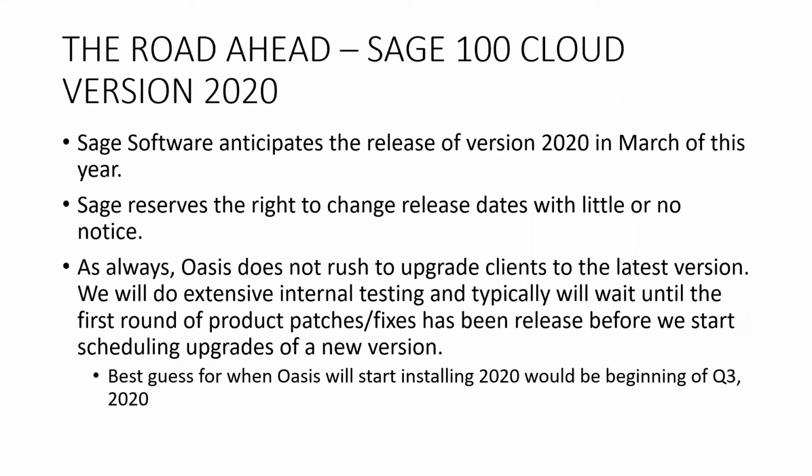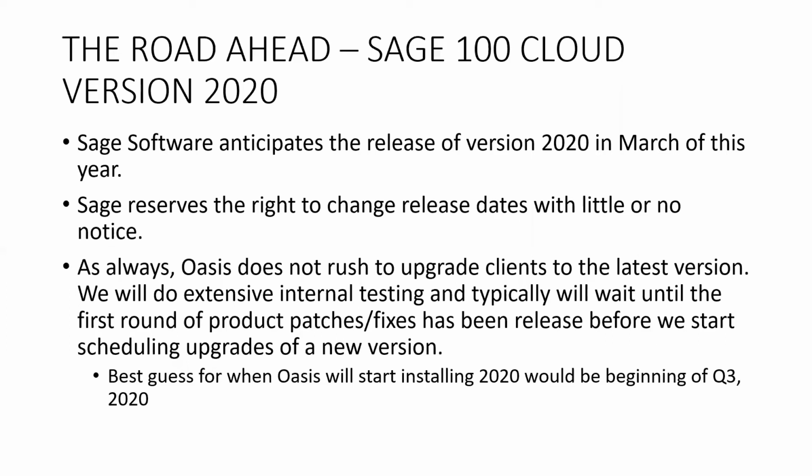So we want to be comfortable and know that the major issues that were not found during the initial beta testing have been resolved, and that those patches and fixes have been released. So we will let you know when we're comfortable with that.